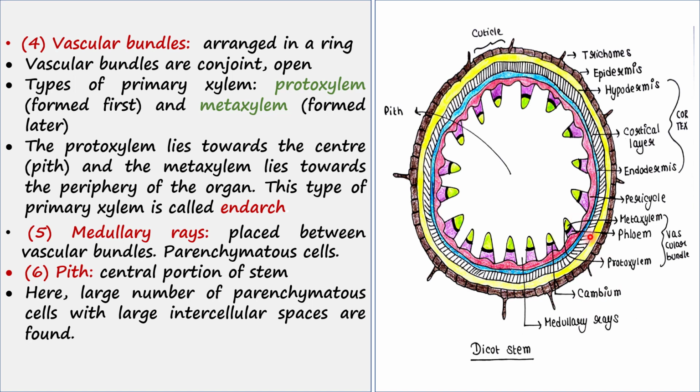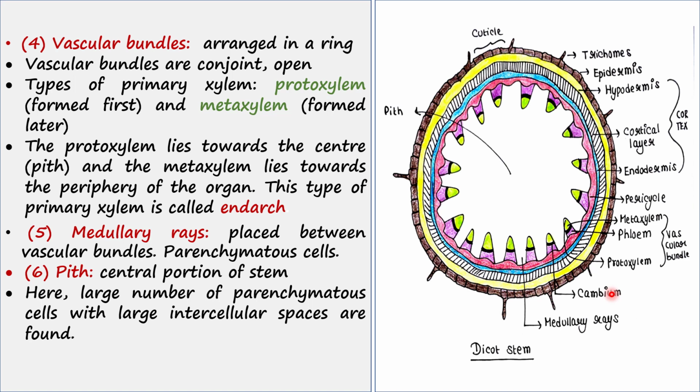So in the vascular bundle, you can find three parts. Purple one is phloem, green one is xylem, and in between phloem and xylem, you can get the black one, that is called cambium.